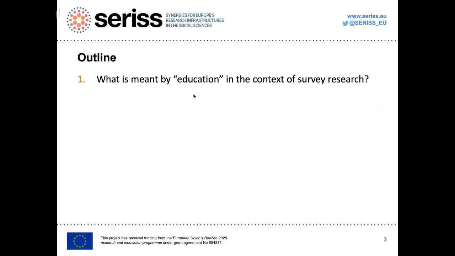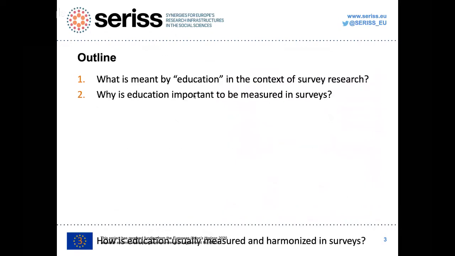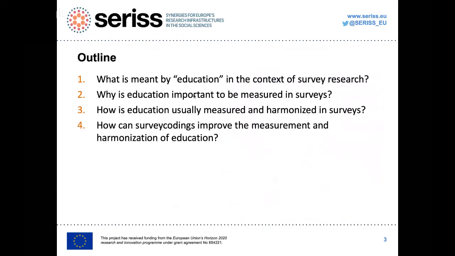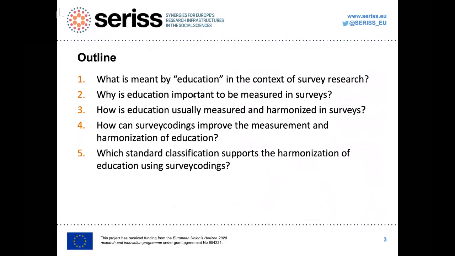So here is a brief outline of the questions I will look at with you. First of all, to start, we'll just check what actually education means in the context of survey research, why we want to measure it in surveys, how it is usually measured and harmonized in surveys, how the survey codings tools can improve the measurement and harmonization of education, which standard classification supports the harmonization of education using survey codings, and that's quite an important point.